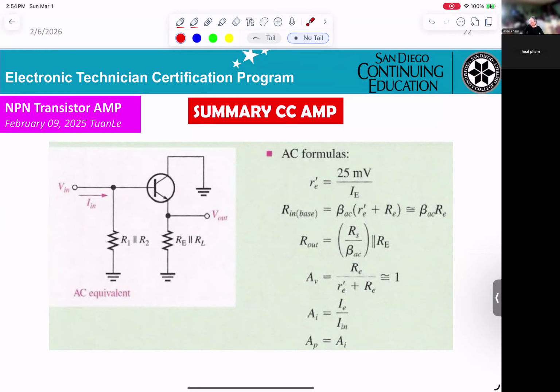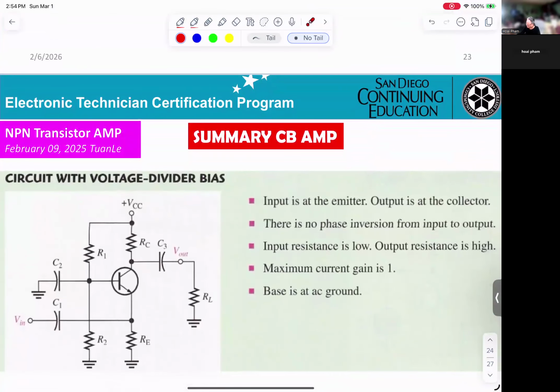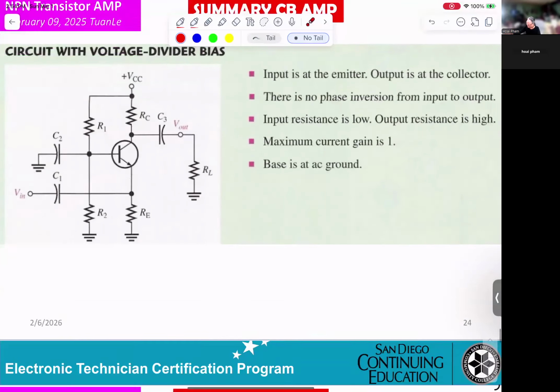For the job interview, sometimes they just give you the circuitry and ask you in general, not in detail, what is the name of this circuitry? And you have to know, is it common collector, emitter, or the base? Okay? So this is a summary for all of the amplifiers.